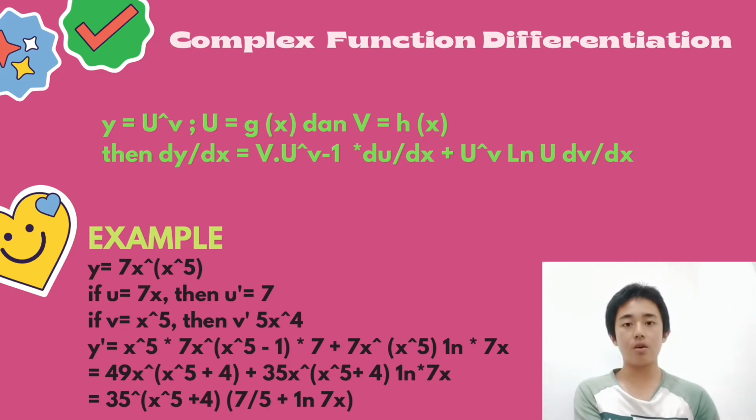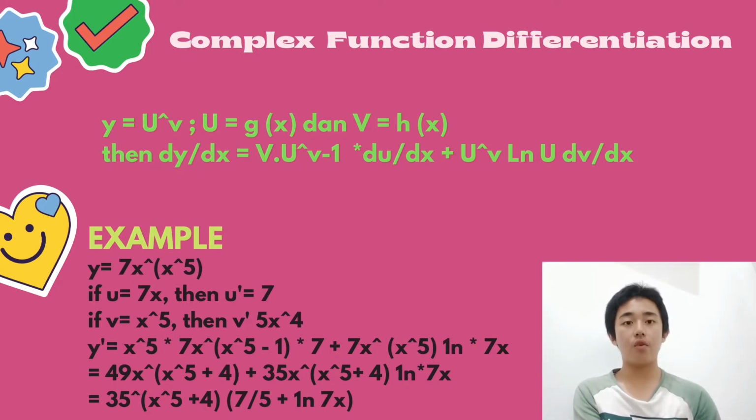So what we get here is 49x to the power of x to the power 5 plus 4, since the earlier power of x to the 5 is minus 1.